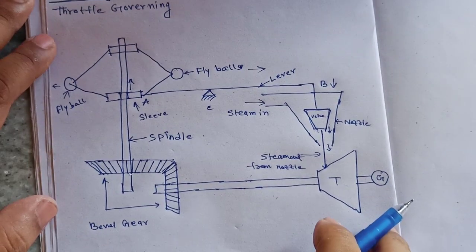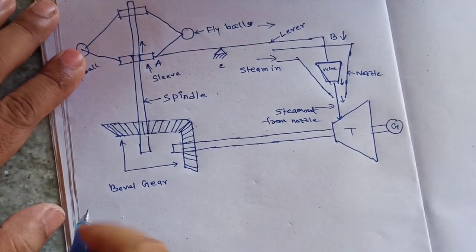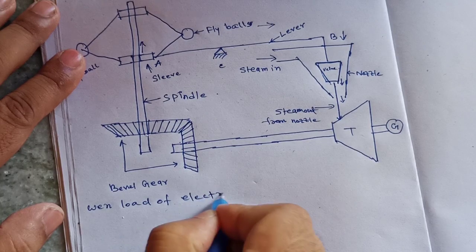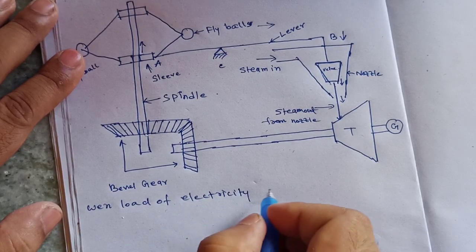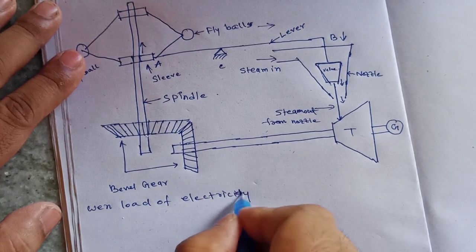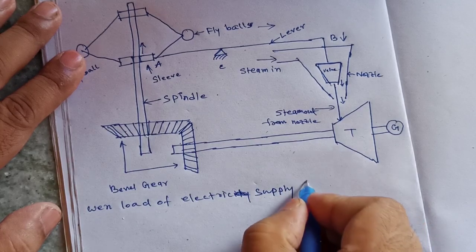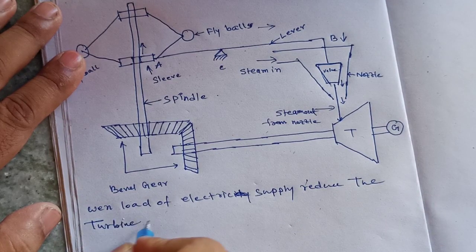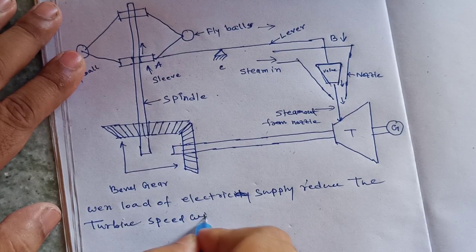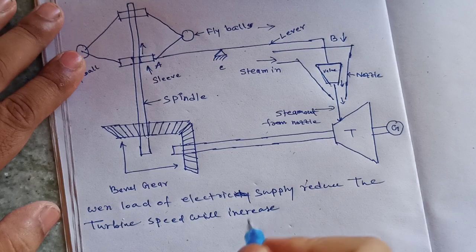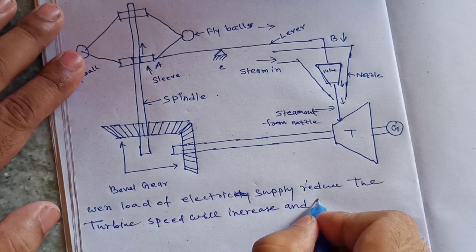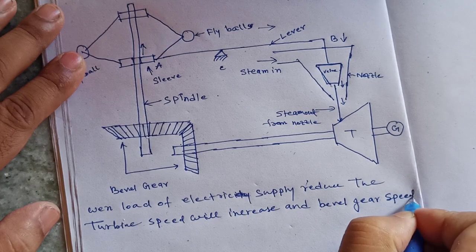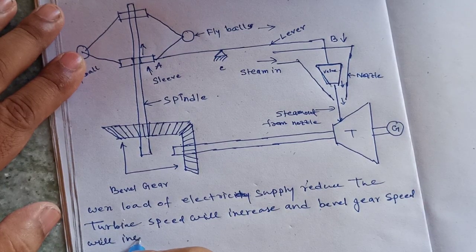Okay, I am writing further. When load of electric supply reduces, the turbine speed will increase and bevel gear speed will increase.